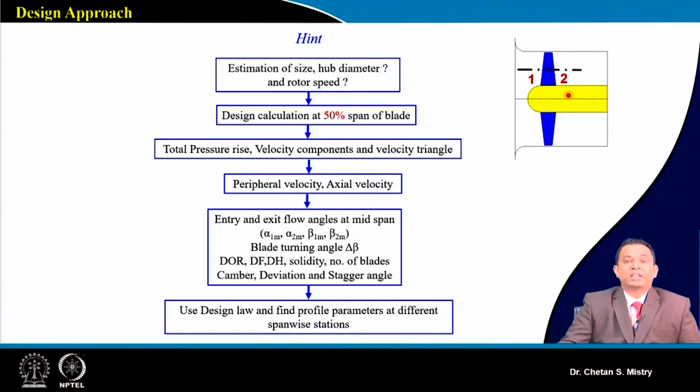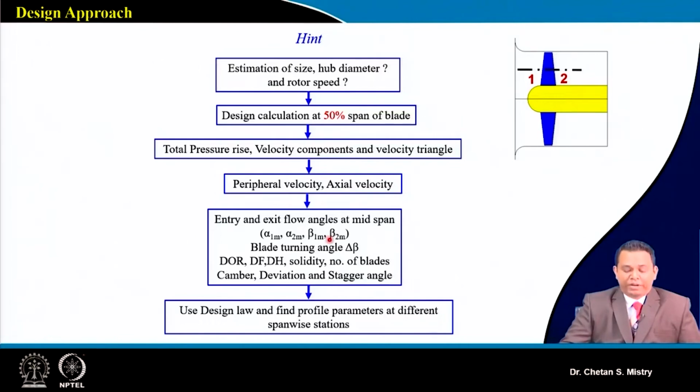Now we need to know the different velocity components. Once we know our velocity components, we can calculate our flow angles and the other velocity components. Then we can check parameters like diffusion factor, degree of reaction, and de Haller's number, which are common for all kinds of axial fans.